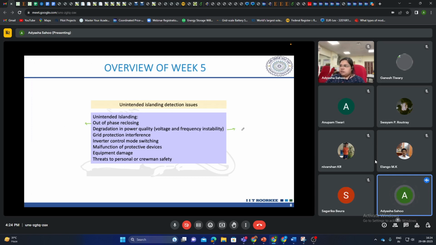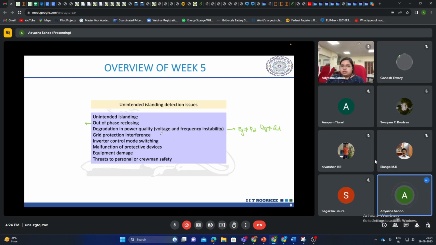Obviously, when we don't have the grid, which is the support for voltage and frequency, then in case of an islanded system, this mismatch which we discussed, PG may not always be equal to PD. Similarly, QG will not necessarily be equal to QD, and hence they can lead to voltage and frequency instability within the microgrids.